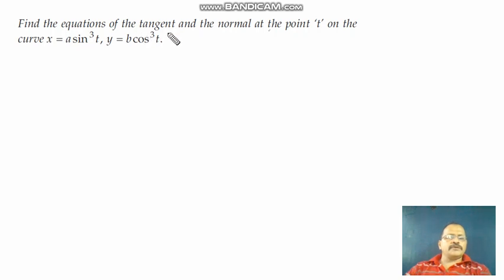To find equation of tangent, we need dy by dx. Since x is function of t, y is function of t, I can find dy by dt, dx by dt. Using that, we can find dy by dx, and then at point t we want, so dy by dx at point t can be found out. Let us solve this problem.